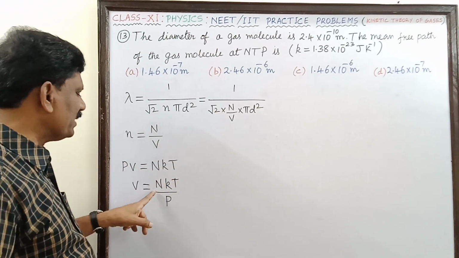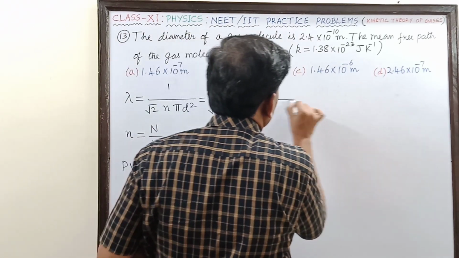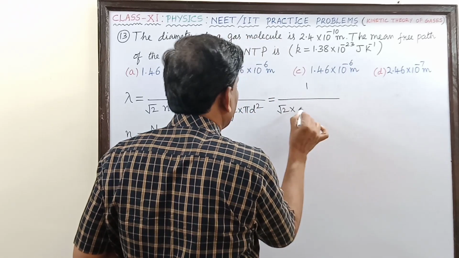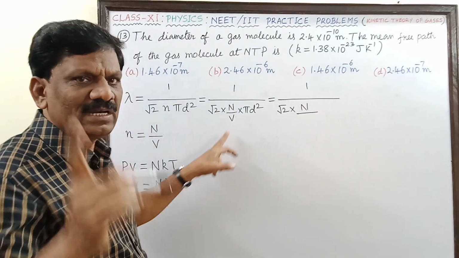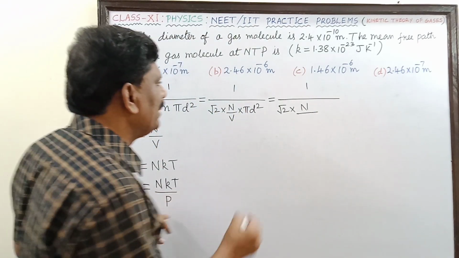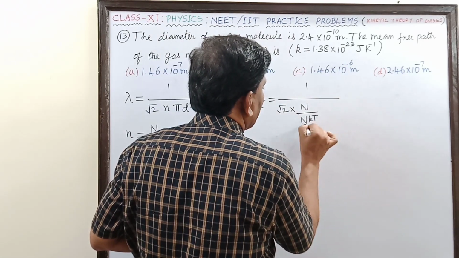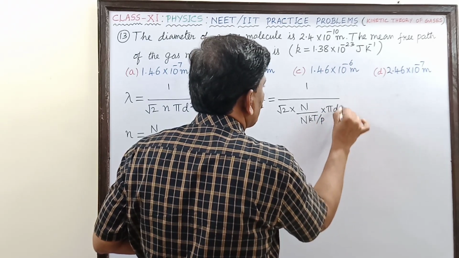V can be substituted by NKT by P. So lambda is equal to 1 divided by square root of 2 multiplied by N divided by NKT by P into pi d square.